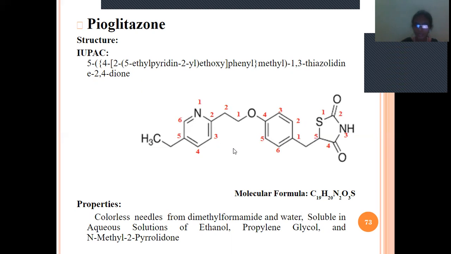And properties: it is colorless needles from dimethylformamide and water, and it is soluble in ethanol and propylene glycol.